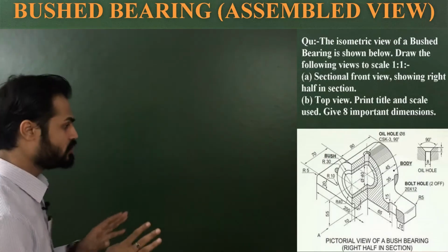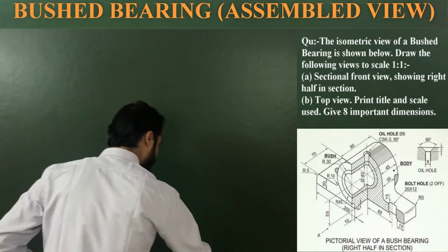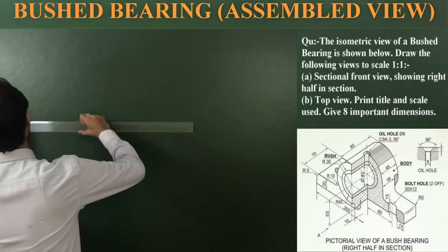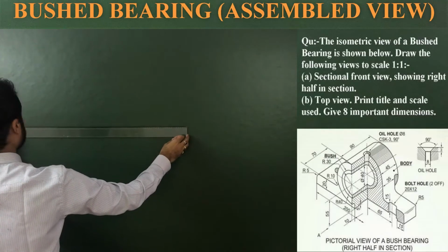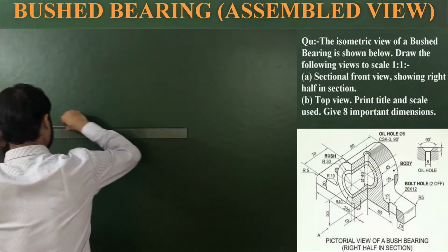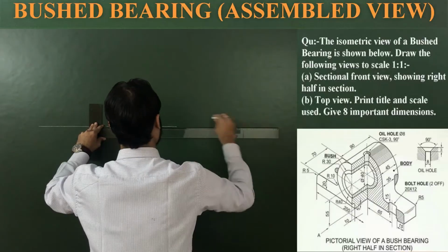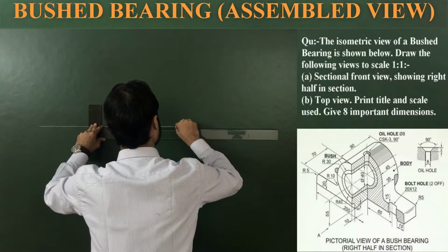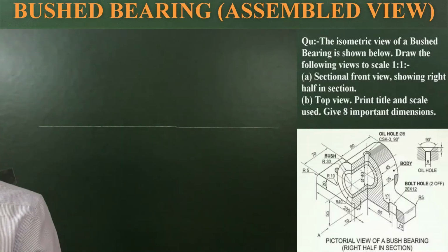So first of all, what to do? For the given statement, first draw the XY reference line, parallel to the bottom base edge of your sheet or parallel to the upper base.